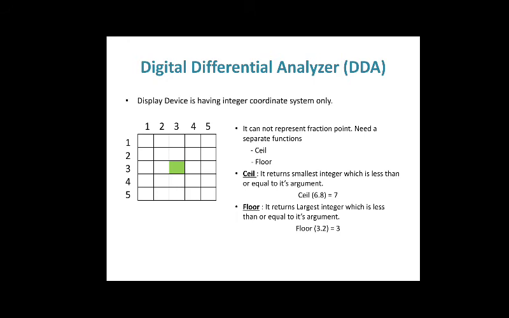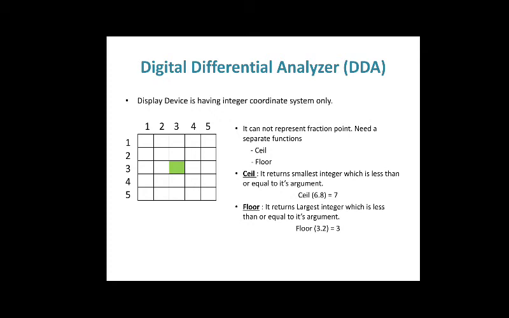The next thing is, whenever we are displaying coordinates onto the screen, there is no floating point coordinate. It cannot represent a fractional point on the screen, we have to define the points in integers only. For that purpose we have two functions, ceil and floor. Whenever we apply the ceil function, it returns the smallest integer that is greater than or equal to its argument.